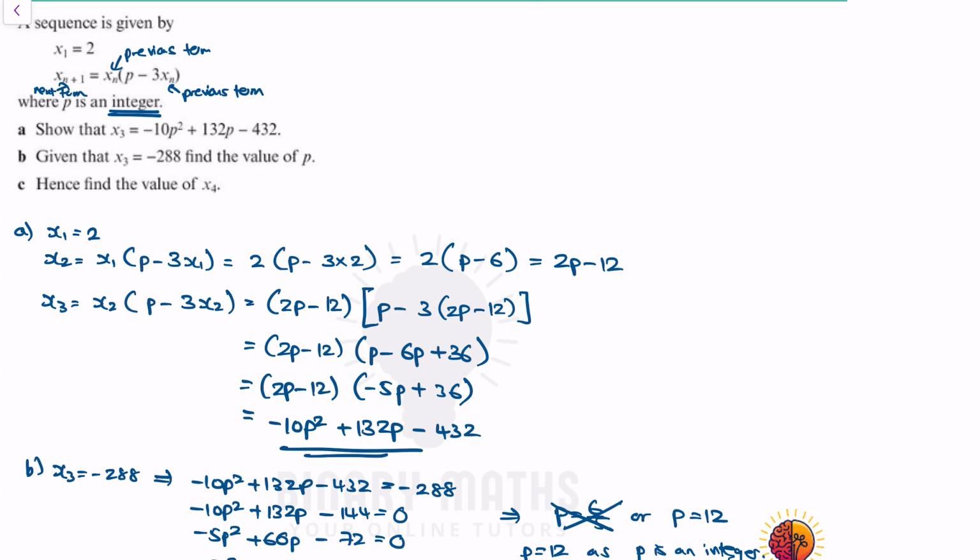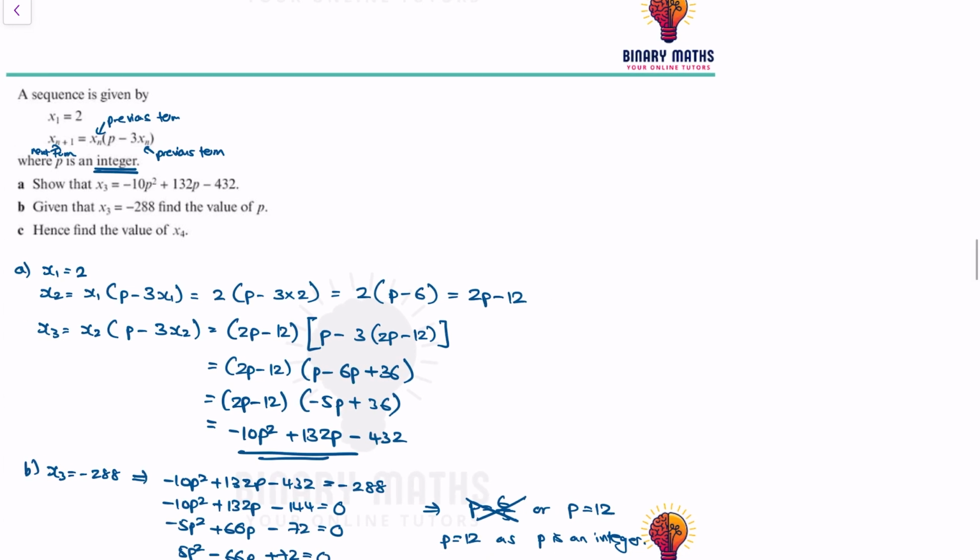Okay, part C. Hence find the value of x4. So let's rewrite this. x sub n plus 1 will be equal to x sub n times p, which is 12, minus 3 times x sub n. So if I want to find x4, it will be x3 times 12 minus 3 times x3.